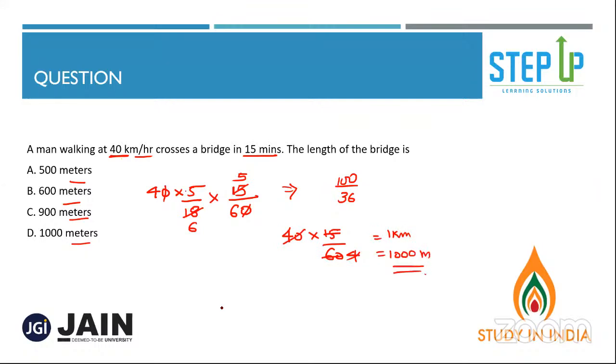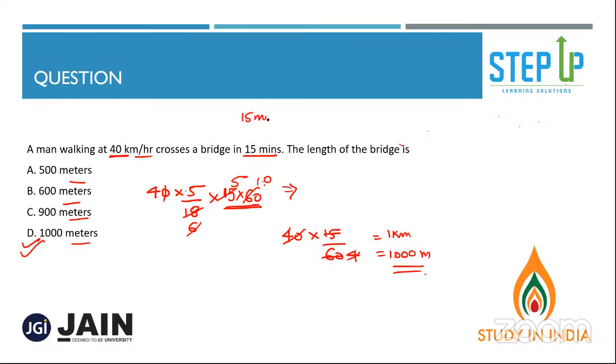It's coming 36. What is happening here then? 15 into 60 has to come because this has to be converted into seconds. So now you will get the answer. Yes, 1000 meters is the answer.